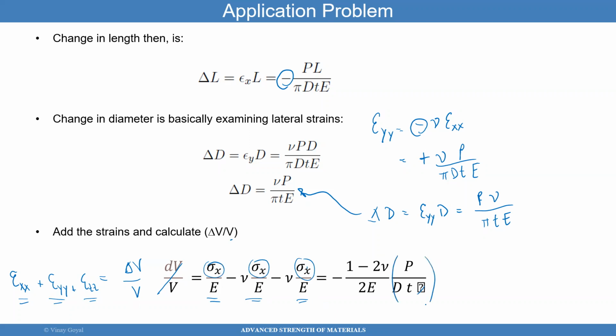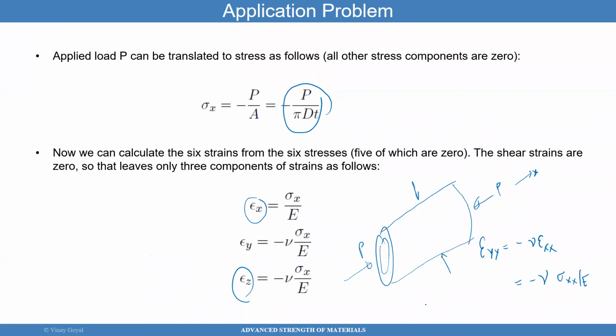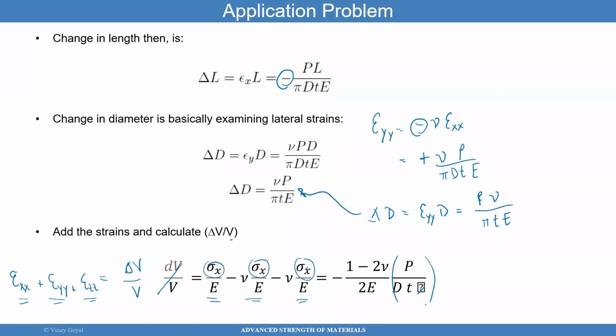And let me find what that was. That was P divided by pi d t. So this should have been a pi. I apologize. So that's the change in volume due to compressing that cylinder in this application.